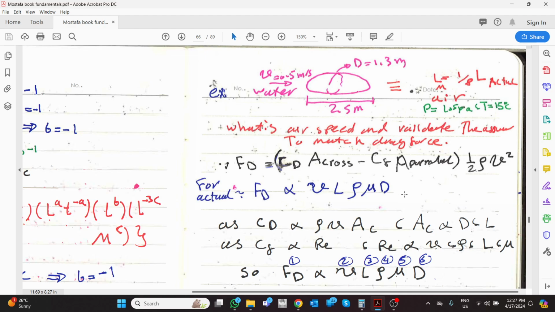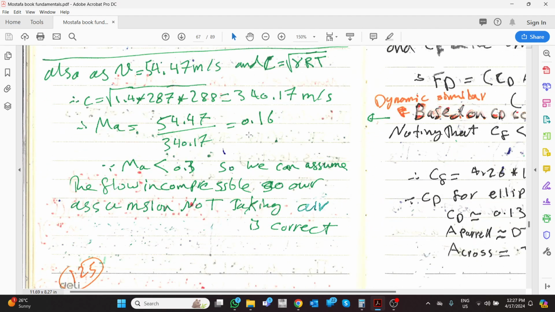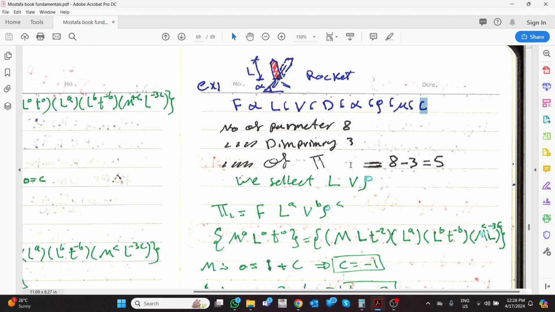First, we didn't add c because it was an approximation that it is incompressible flow, as we checked at the end that the Mach number is less than 0.3. A rocket, from its definition, we know it is going to be over 0.3. It's not supersonic, but for sure it will be more than 0.3. So there will be a compressible effect, so we need to take c into account for compressibility to be valid.